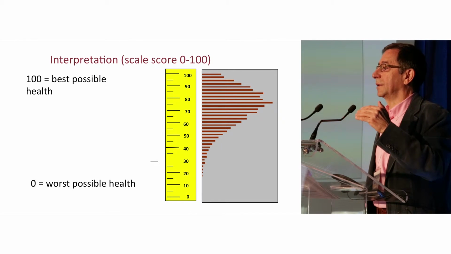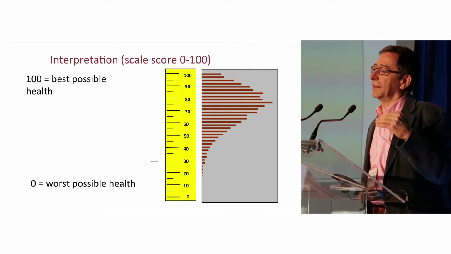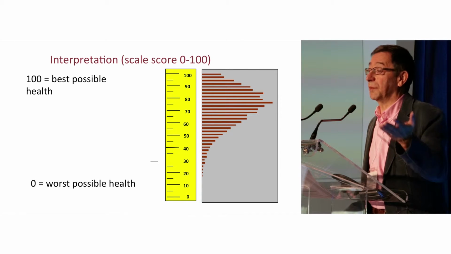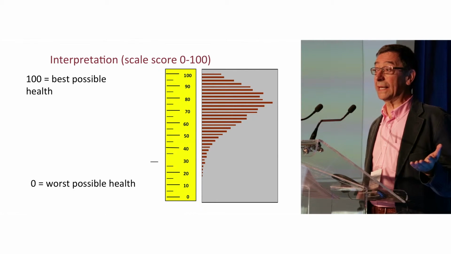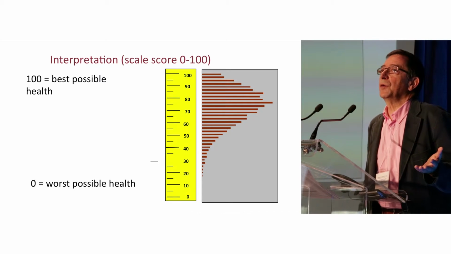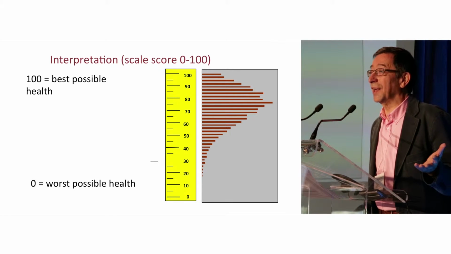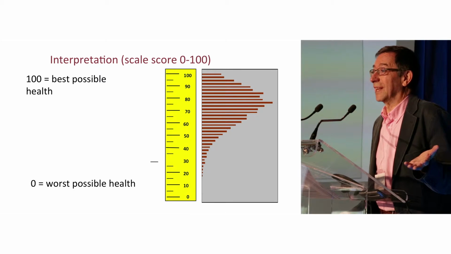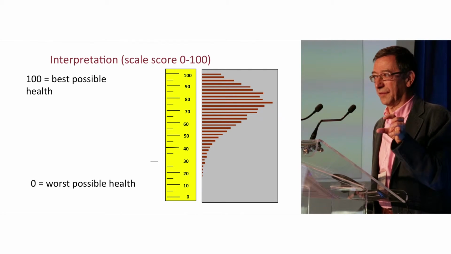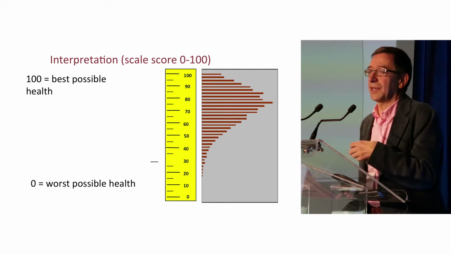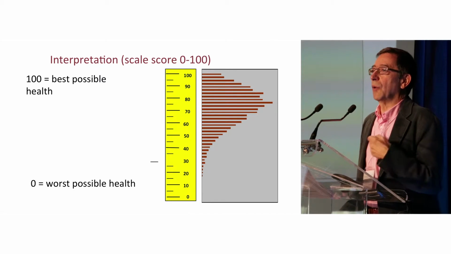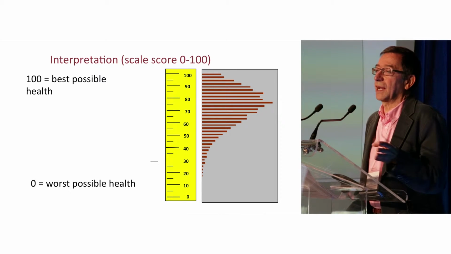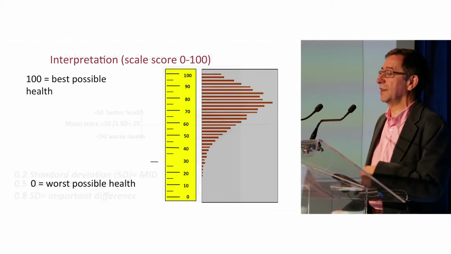And in this case, scale 0-100 means that higher score is better health. But in any case, if you don't know anything about psychometrics, one score on its own doesn't mean anything if it's not related to a context. For example, comparing with the same age and sex or similar age and sex in the population.